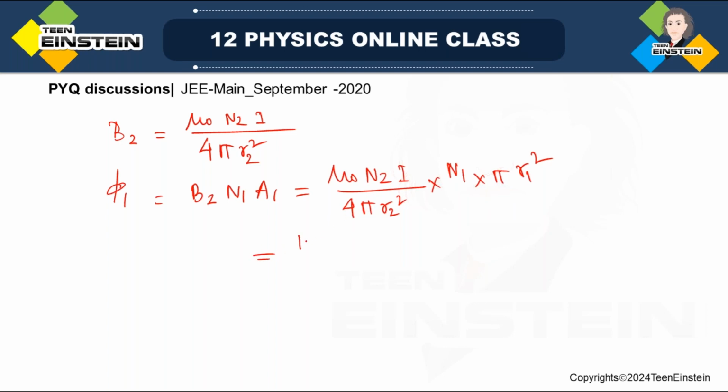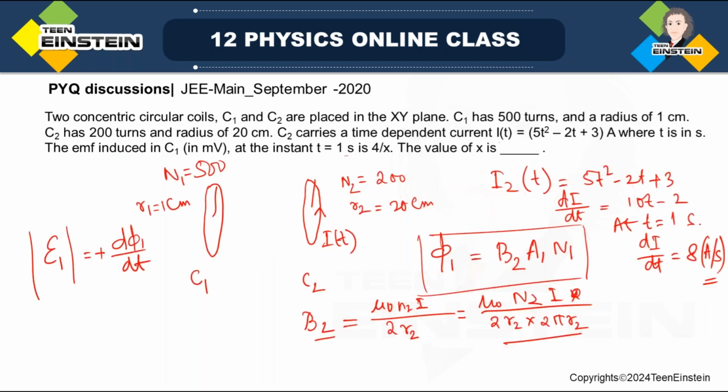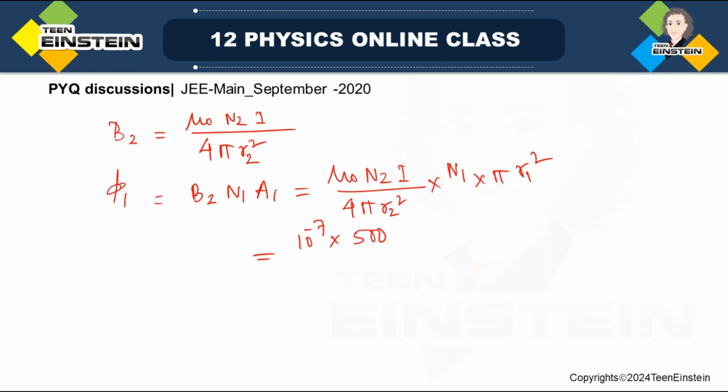Let me just do the calculation there. Mu 0 by 4 pi is 10 to the power minus 7. N2 is given 500. I'm sorry, this N2 is actually 200. Then N1 is 500. This value I have already written.